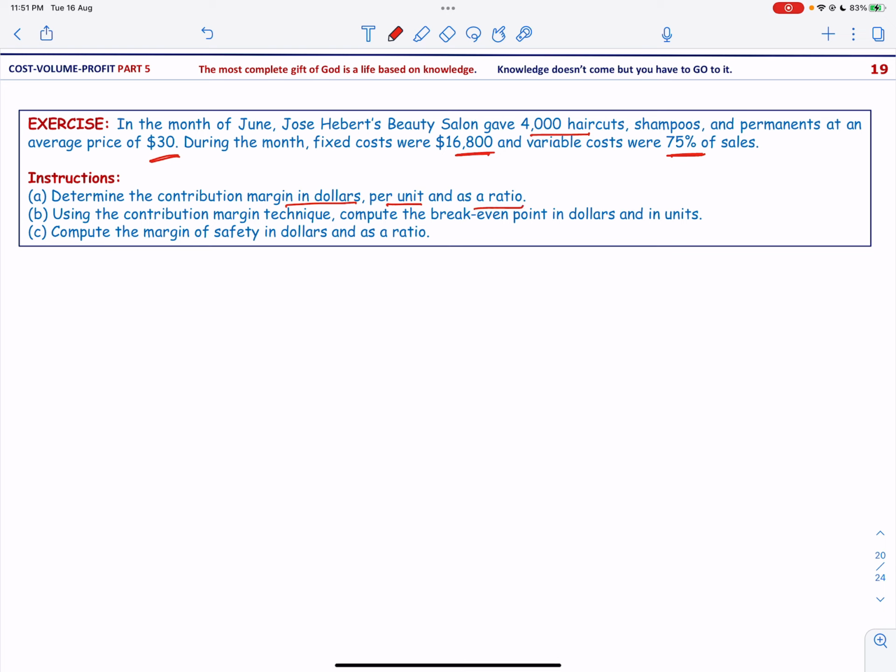So we have part A first of all. So contribution margin in dollars. So we have the sales, and sales is 4,000 times 30, that makes 120,000.